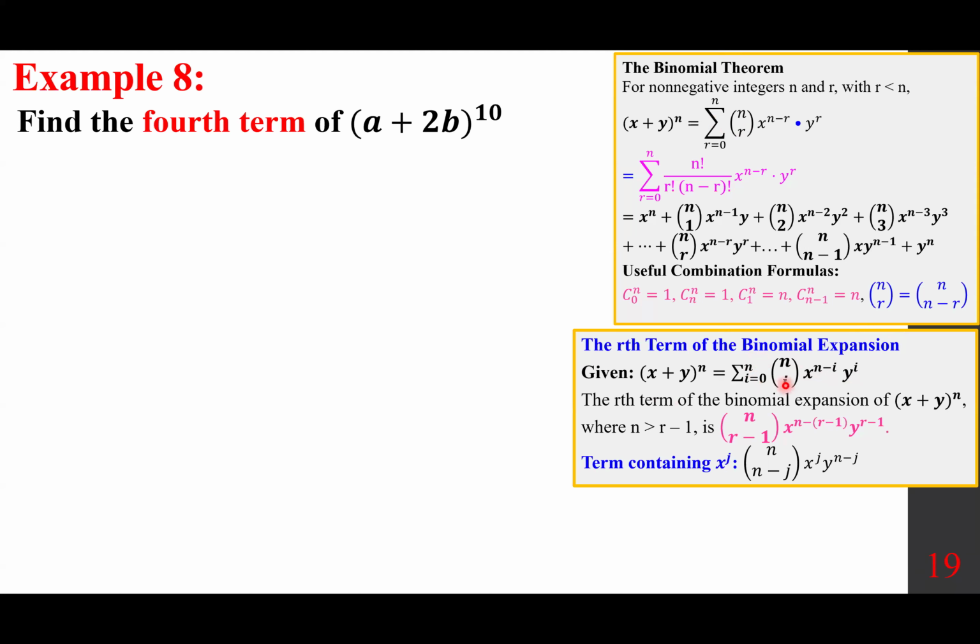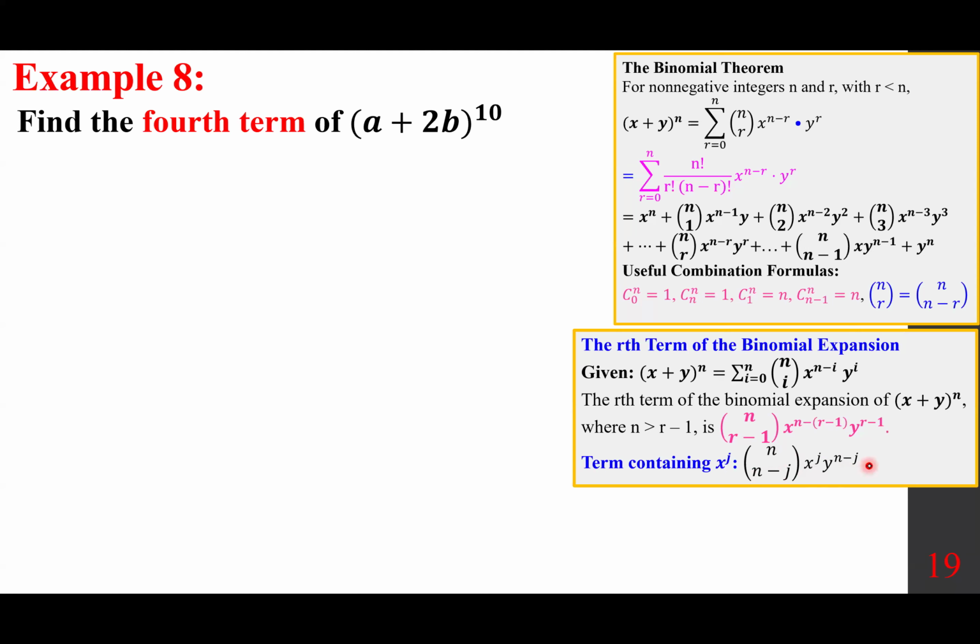The reason we are using different letters is that we want to discuss the rth term of the binomial expansion, where of course n is larger than r minus 1: n choose r minus 1, x to the power of n minus (r minus 1), y to the power of r minus 1. The term containing x to the power of j is n choose j, x to the power of j, y to the power of n minus j. I'll show you that one, and I'll show you an easier way so you don't have to memorize this.